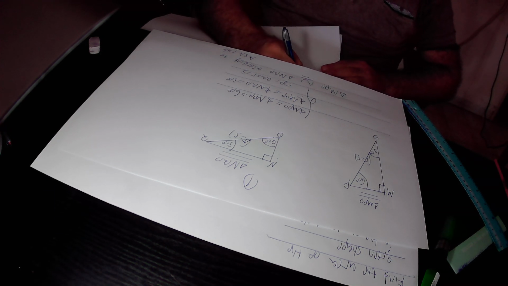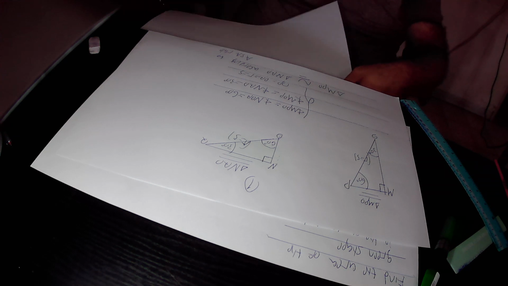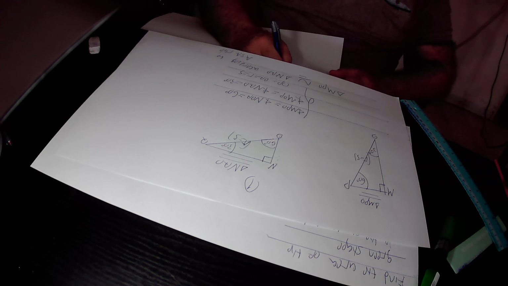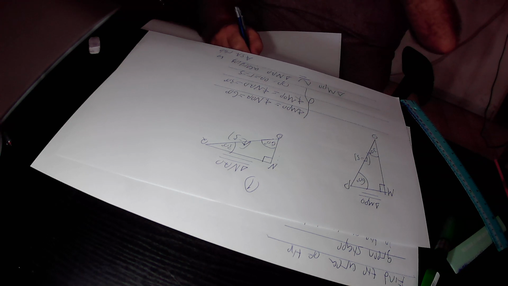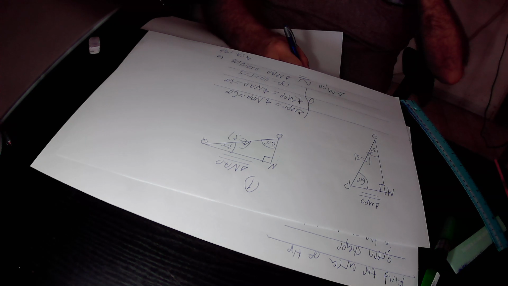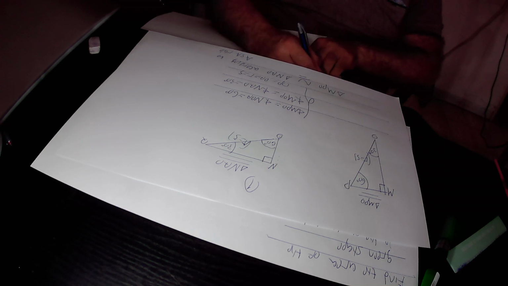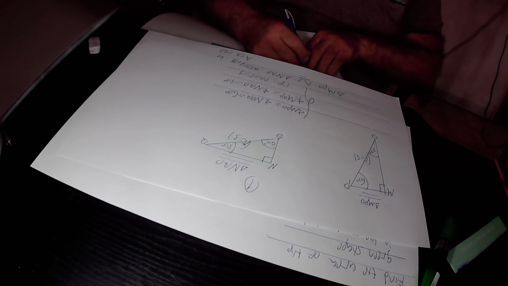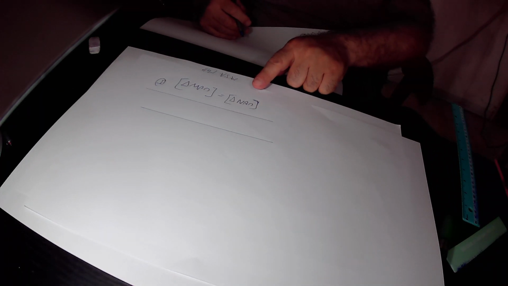The area of this triangle NPO is equal to the area of this right triangle NQO. And again, the area of triangle NPO is equal to the area of triangle NQO.